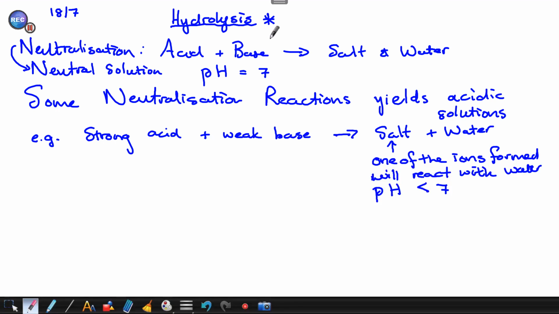Your textbook has a definition for hydrolysis. What does it say? Either the cation or the anion of the salt that is formed during the neutralization reacts with water to increase the oxonium ion concentration or to increase the hydroxide ion concentration.